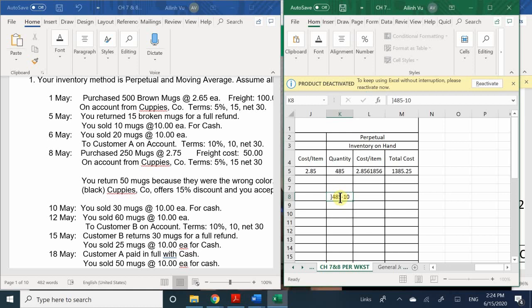485 minus 10, which is going to give me, oopsies, my bad. 485 minus 10, which is 475.